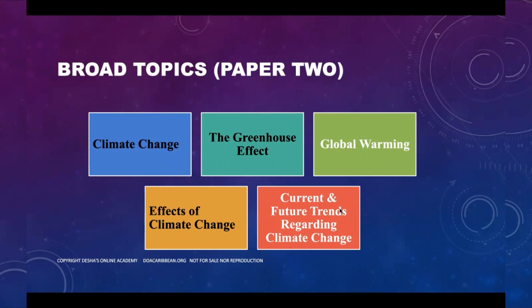When we carry out these activities and release these gases, they are going to trap the sun's heat, right? And this is going to make the earth warmer. And then due to the increase in the temperature of Earth over a long period of time, that is going to result in a process that we call global warming.